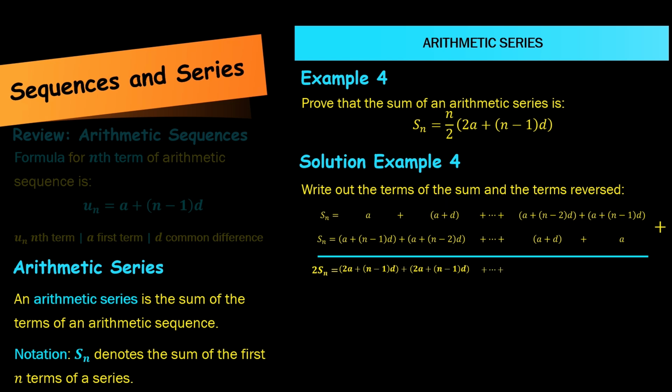And all the way down to 2a plus n minus 1 times d again, add, for the final term, 2a plus n minus 1 times d.